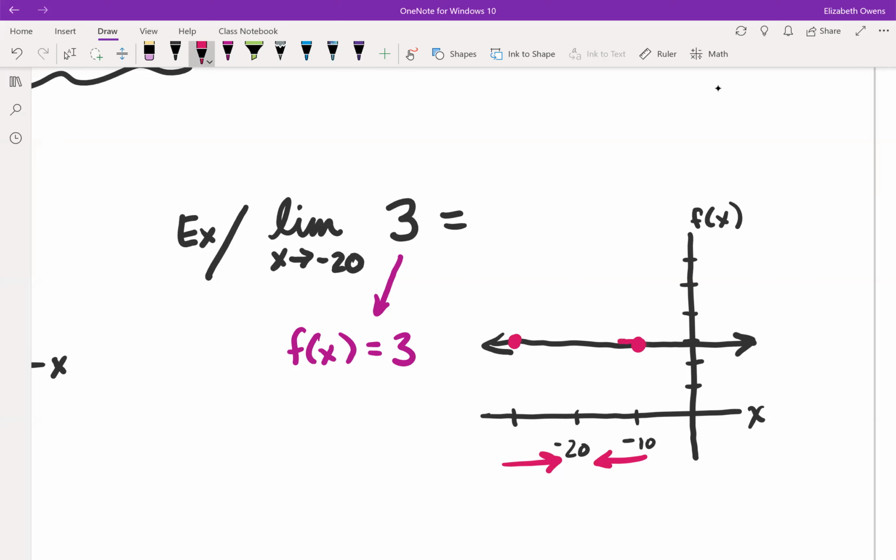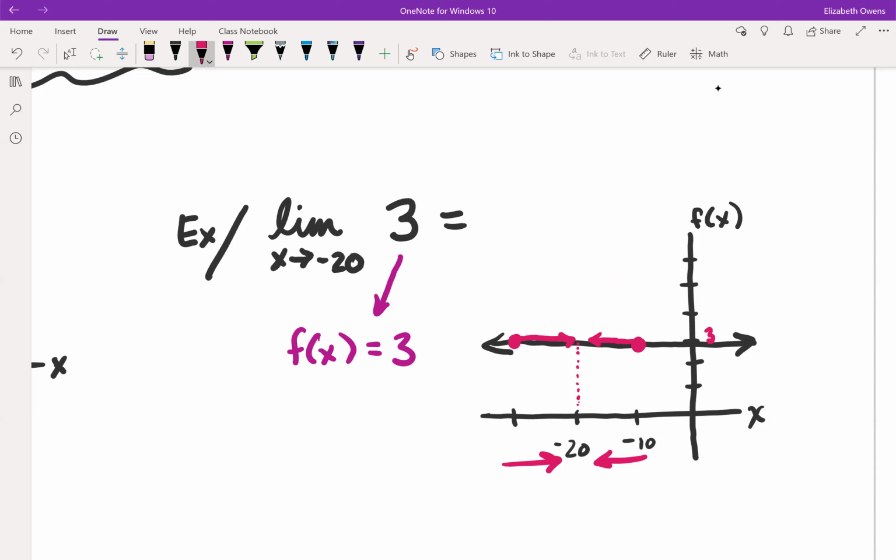Okay, so you're keeping your fingers on here, but moving in towards x equals negative 20. You move them in, and you see that the y value that we're approaching is still at 3. Okay? That's an actual point on the graph. As x goes toward negative 20, the y value goes toward 3.